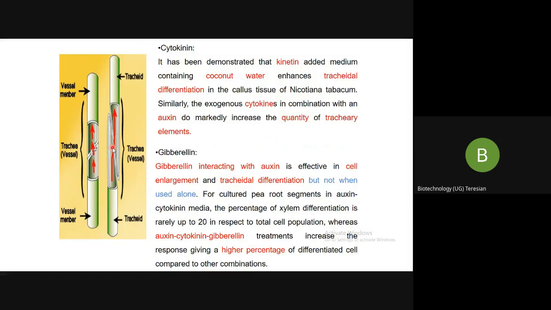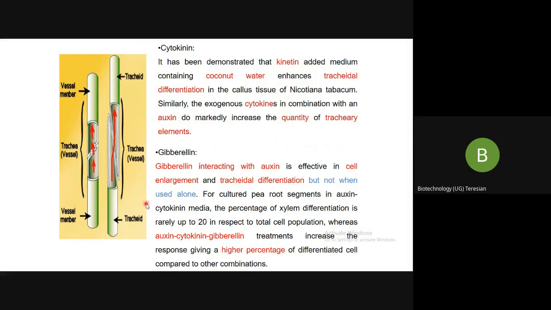Coming to a third hormone, that is gibberellin. Gibberellin interacting with auxin is effective in cell enlargement and tracheal differentiation, but not when used alone.